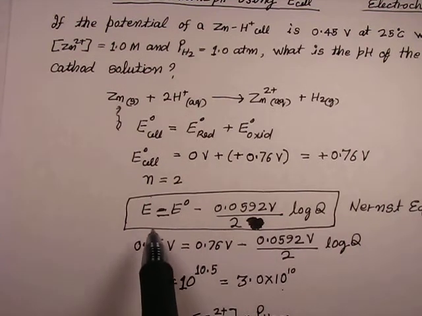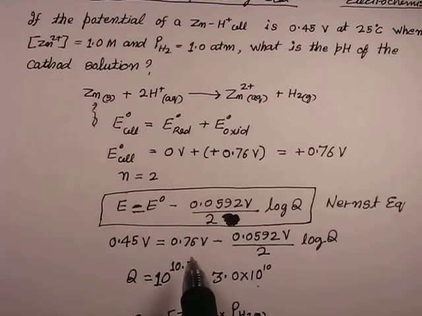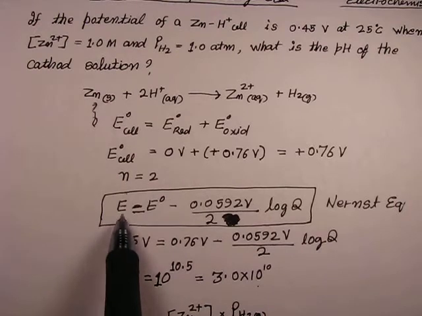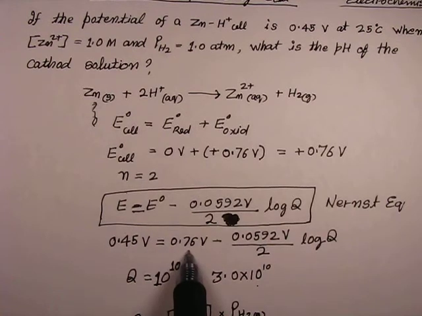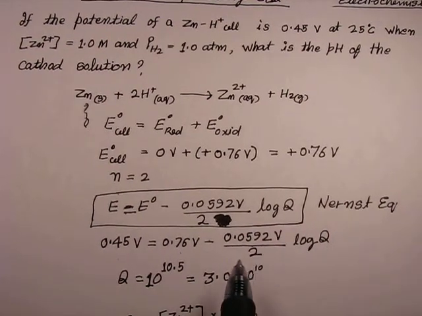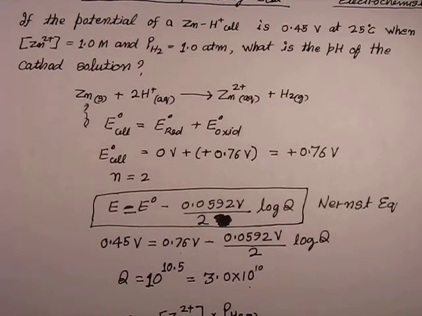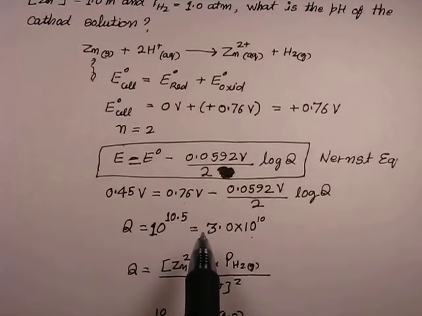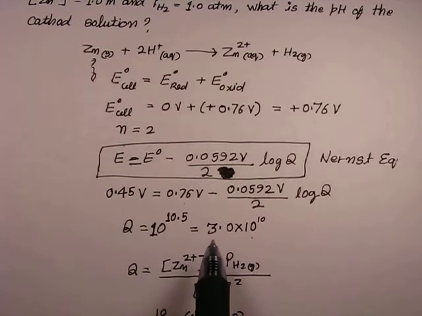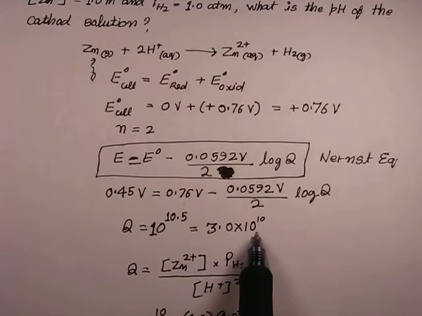So we are going to use the Nernst equation first to calculate Q, which is the reaction quotient, where E cell is already given, and the standard potential E0 we have already calculated, minus 0.0592 volt divided by 2 times log Q. Once we solve this math for log Q, at the end we have to take the anti-log of this to remove the log, and then the Q value comes to 3.0 times 10 to the 10.